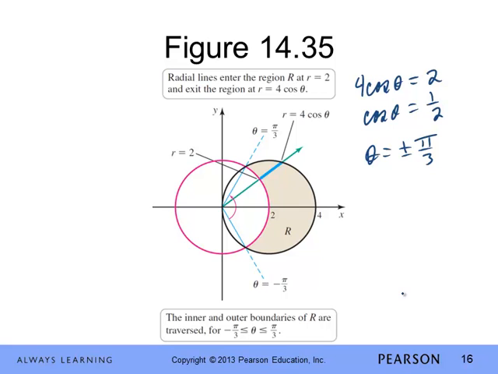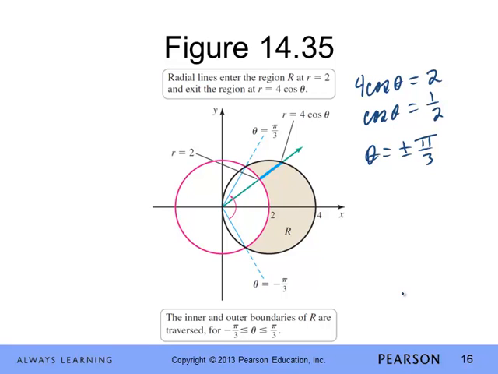It's actually going to end up being 3 integrals, or actually 2 integrals because you can use symmetry. If you know this area right down here, you could double it to get this sector as well. But there are 3 regions you need to find the area of: this region, this region, and this region.